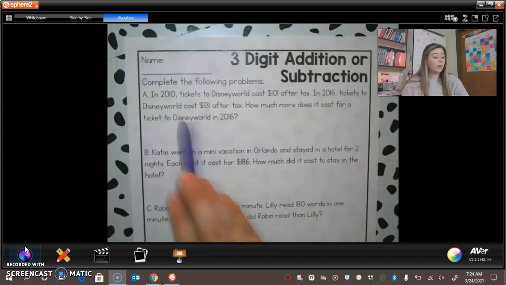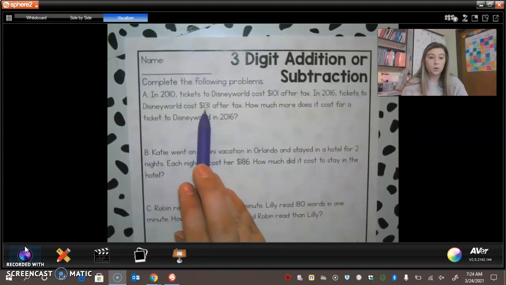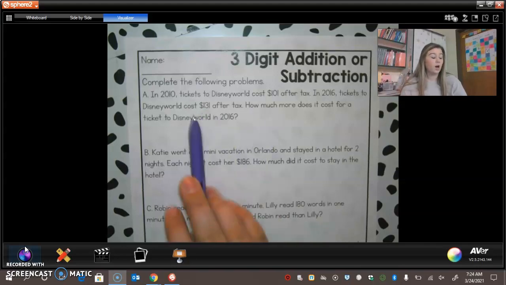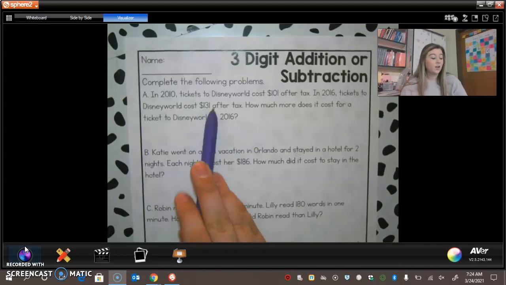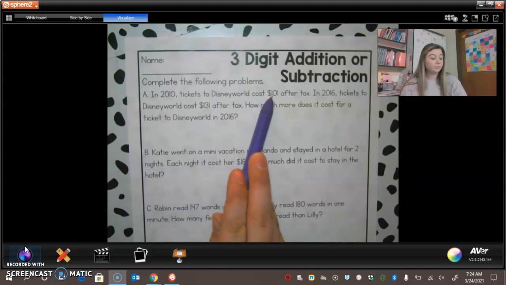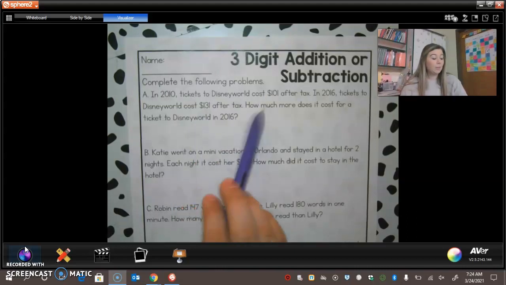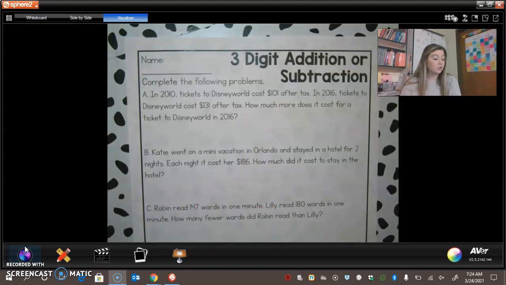So we know the prices went up for a ticket to Disney World in 2016. We need to find out how much more it costs in 2016 than 2010. So how much more? If we see how much more, that means that we need to find the difference. So go ahead and pause this video and complete that problem.